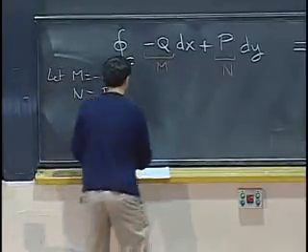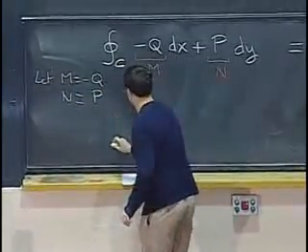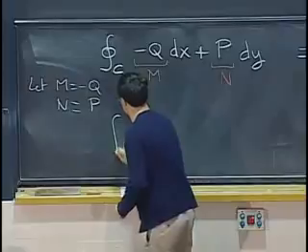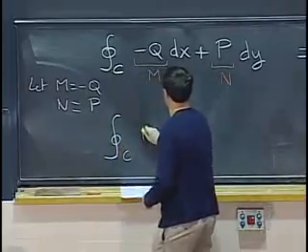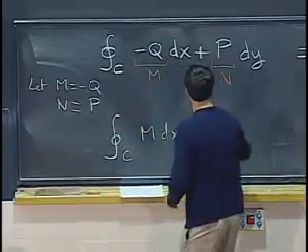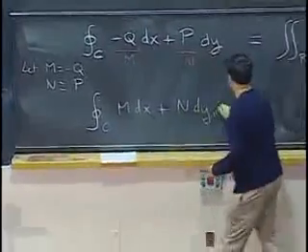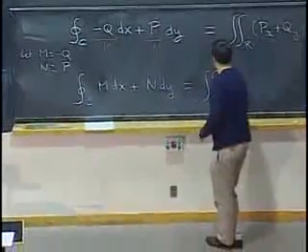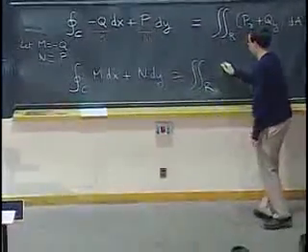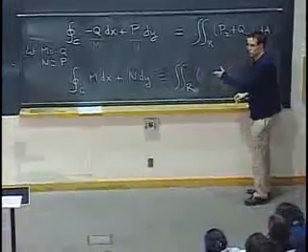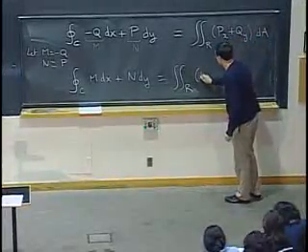Then this guy here becomes the integral of m dx plus n dy, and I know from yesterday what this is equal to, namely using the tangential form of Green's theorem, Green for work.